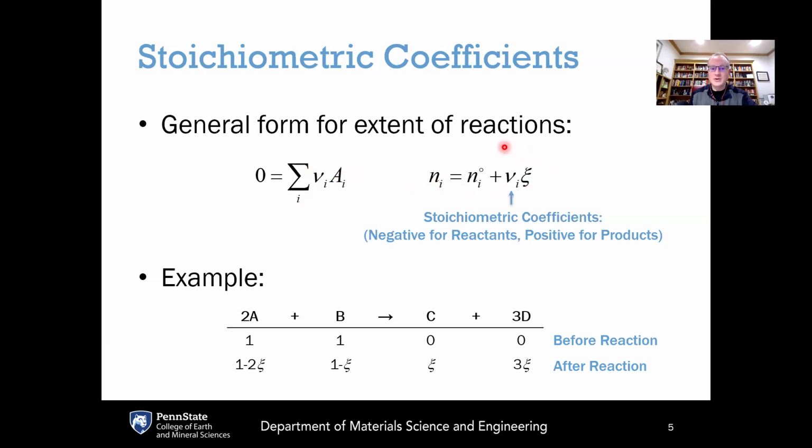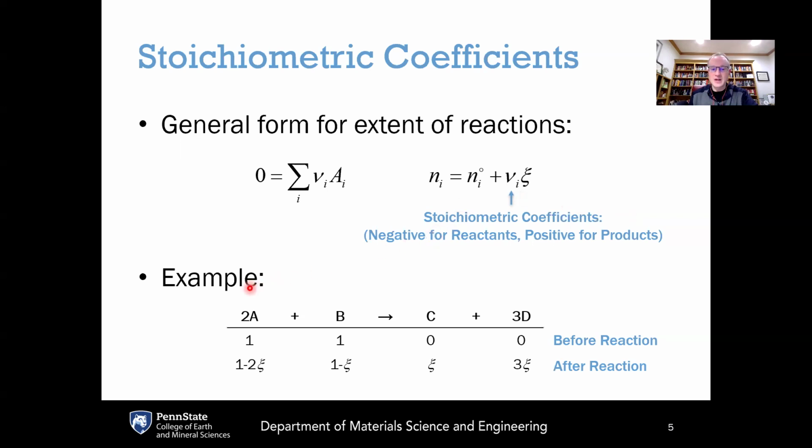Now with the stoichiometric coefficients, the number of moles of species i, n sub i, is equal to the initial amount plus the stoichiometric coefficient times the extent of reaction ξ. Now, these stoichiometric coefficients are going to be positive for products because we are producing products. So the concentrations of the products go up during the course of the reaction, but they're going to be negative for reactants because we are losing reactants as a result of this reaction.